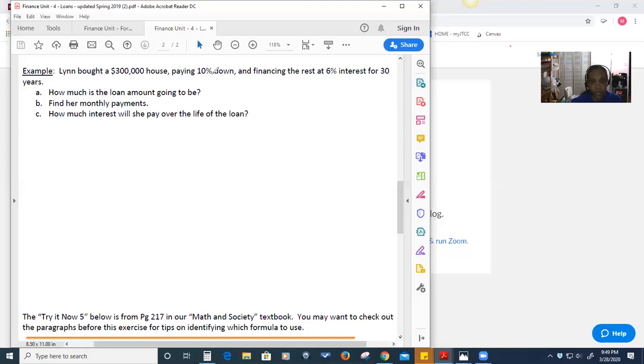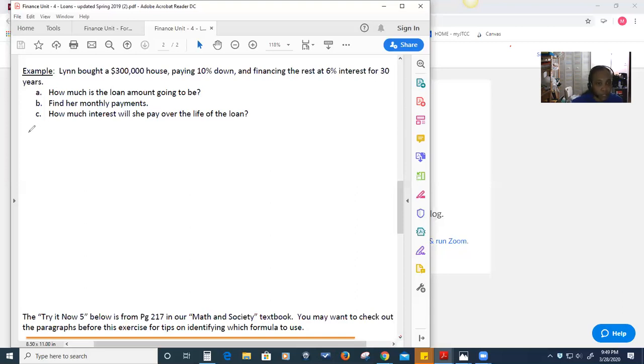So that means she paid a down payment and ended up borrowing less money than the actual cost of the house, okay? So after she paid her down payment, she financed the rest. So she took out a loan for the remaining money, and on that loan she was being charged 6% interest, and she's going to take 30 years to pay back that loan. And that's actually pretty typical for a mortgage. They will finance it for 30 years, okay?